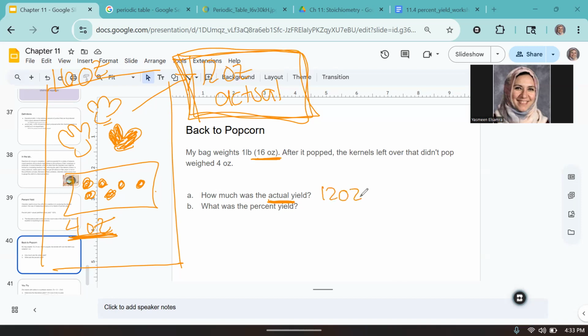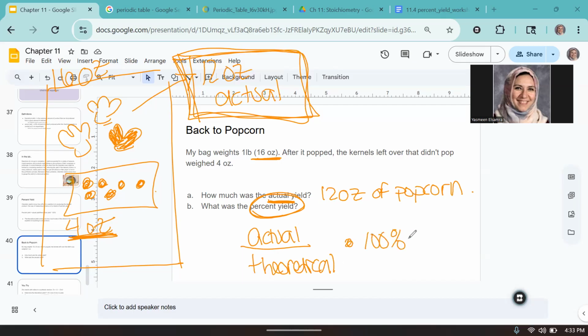That was 12 ounces. So 12 ounces of popcorn. That's how much was the actual yield. What is the percent yield? So percent yield, the formula is actual yield over theoretical yield times 100 because we're trying to make it percent.